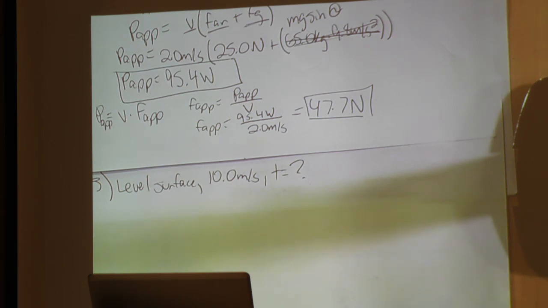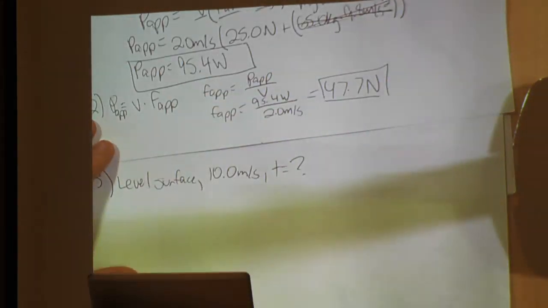So when we're starting now on the flat surface, what are we starting with? We're starting with that force that we were still applying, right? That's what we're going to use to find our velocity and then also the time.